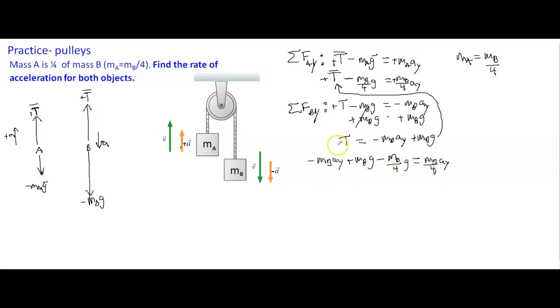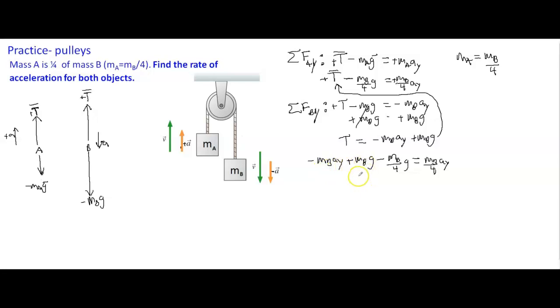So again, this is T right here. This is the tension T from this equation. And the rest of this part is the sum of the forces in the y direction on block A.